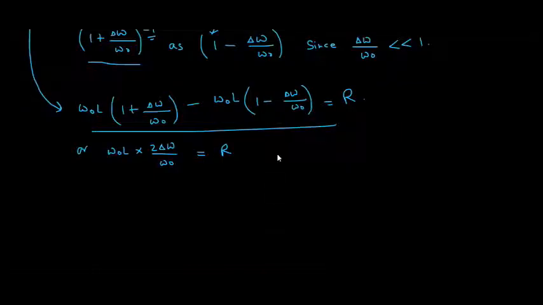Let me explain how we will get this. So fine, how we'll get this from here. So explanation is, what we can take common from here and here. This one we can take common. What is left here? This whole is left here. 1 plus delta omega upon omega naught.